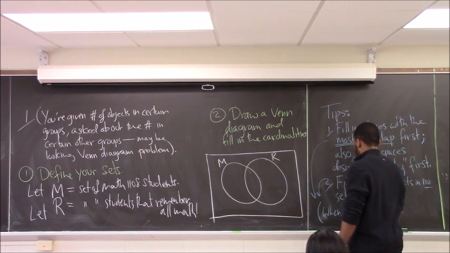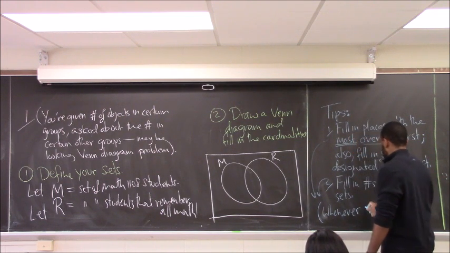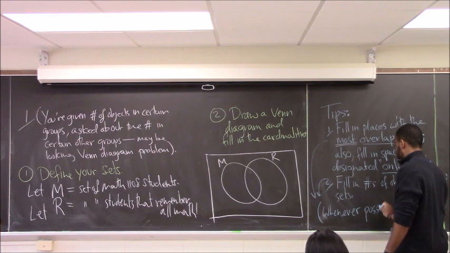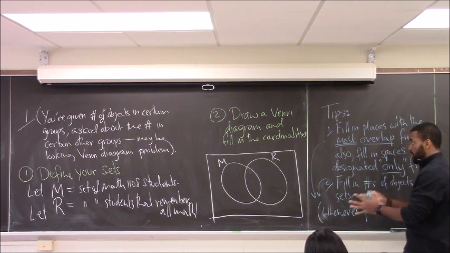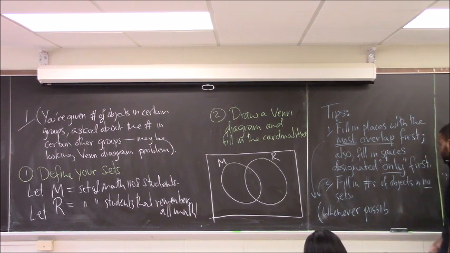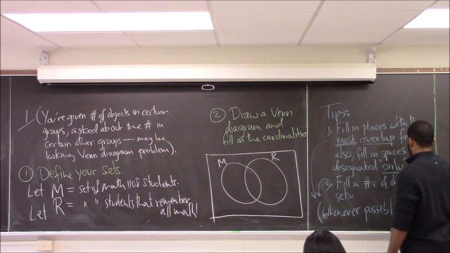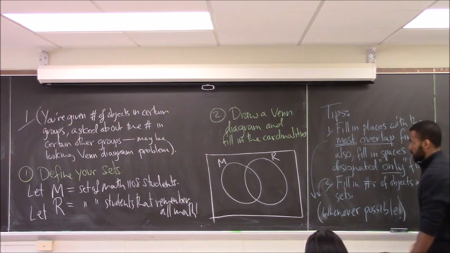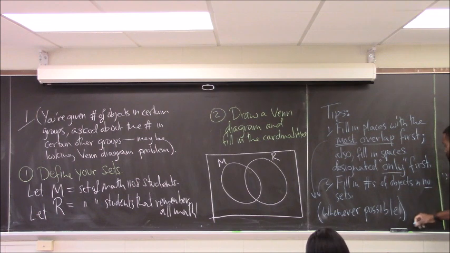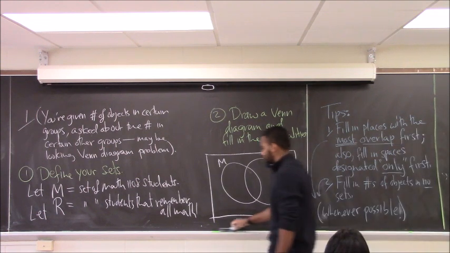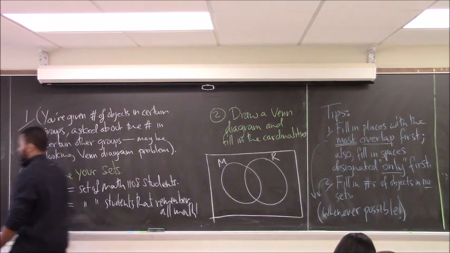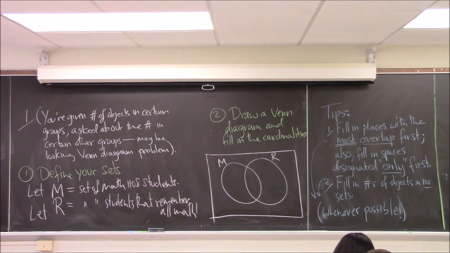So it's not that the problem will necessarily give you this information, but if it does, be sure to put that down first, because all the other numbers will react to what these numbers are. And so that's going to be important. If you fill in the other numbers before these ones, you can actually get the wrong numbers in certain situations. So we're going to do that.